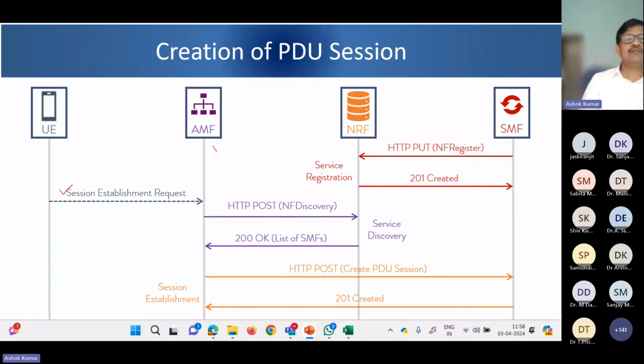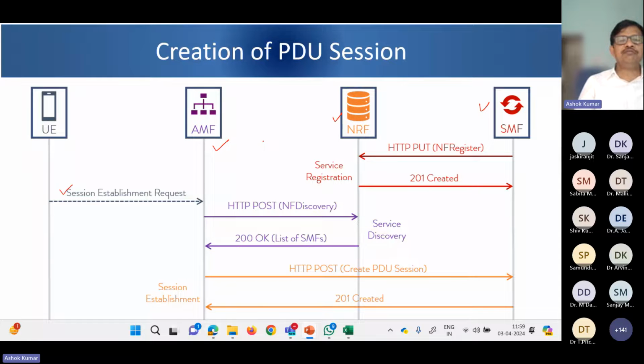Now AMF has to discover which SMF will handle that particular request. There will be multiple instances of session management function. There is a network function called NRF, network repository function, which has the address of all the network functions, including SMF. And also it has the profile of that SMF, that is, what kind of services it offers.